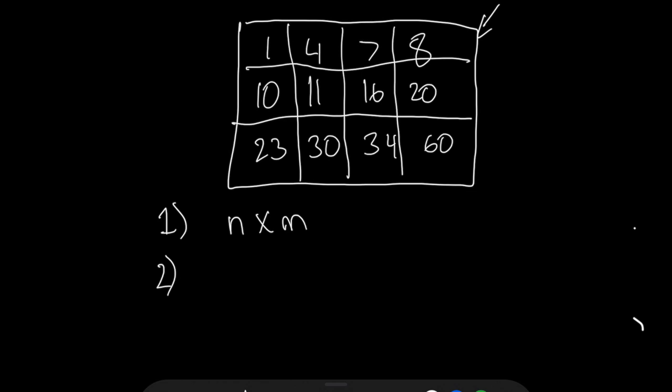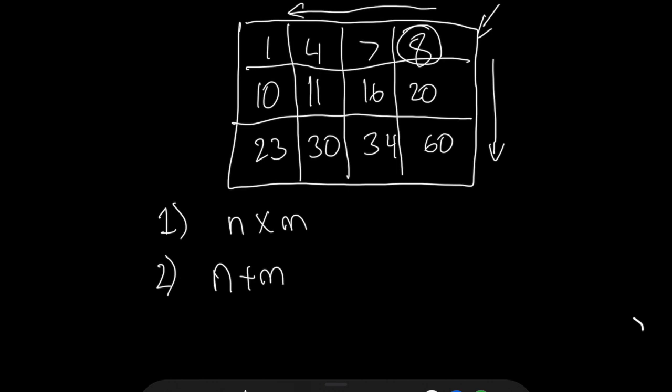And if you go down, basically to the left, all of these elements are smaller, and down all of these elements are greater. So if you just start off at 8, which is the first row and the last column, you can basically make it linear time, which would just be n plus m.